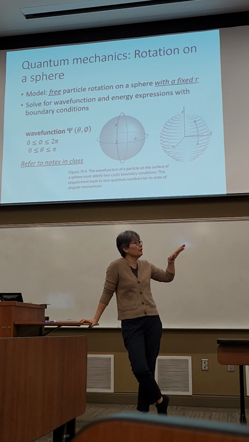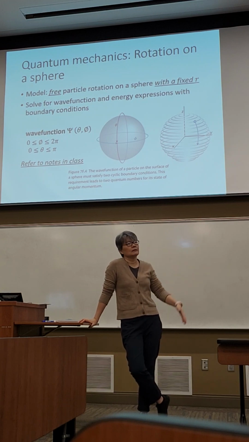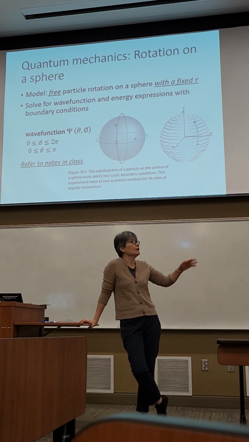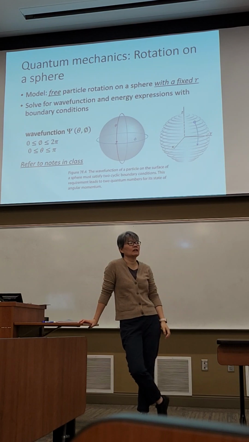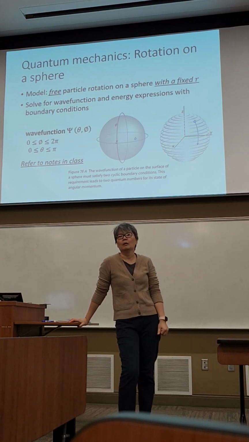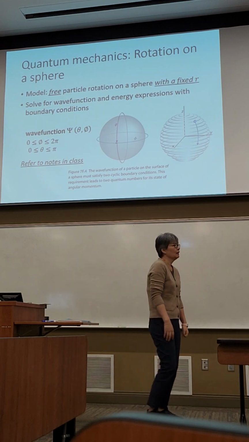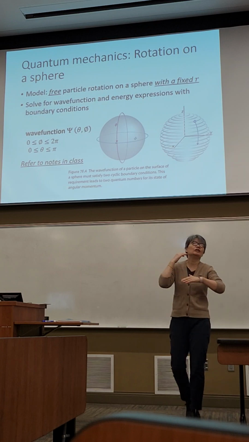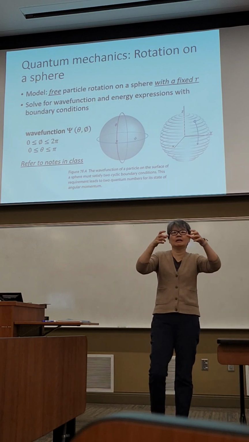Now we already know from the math that phi is from 0 to 2 pi, and theta, the colatitude, goes from one pole to the other, from 0 to pi. Now, how are we going to approach this problem? You can think of this as a stacking of two-dimensional rotations.